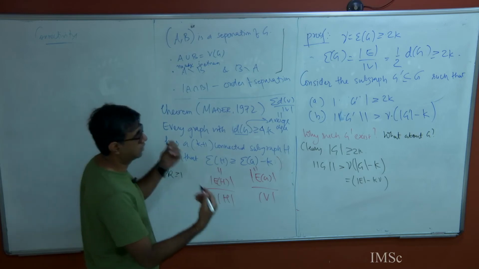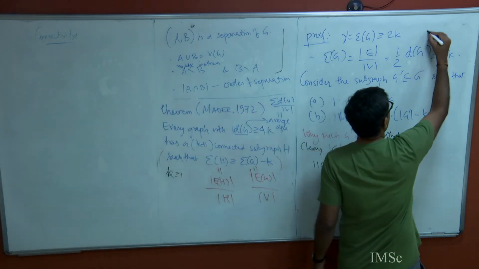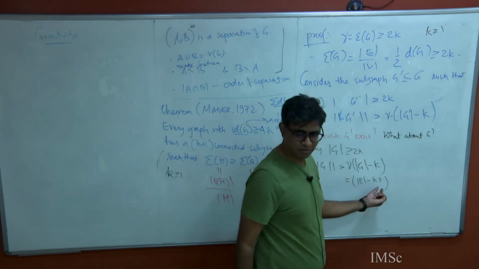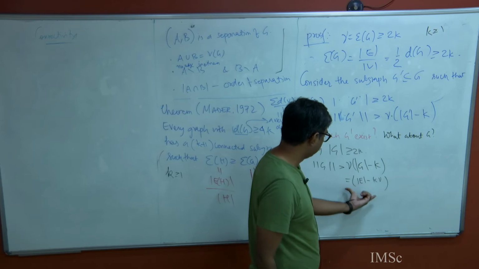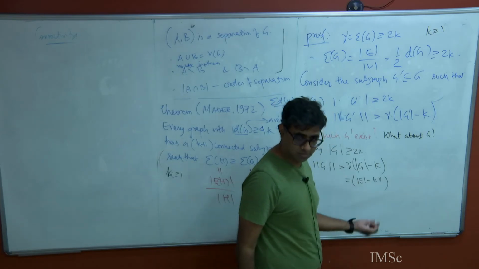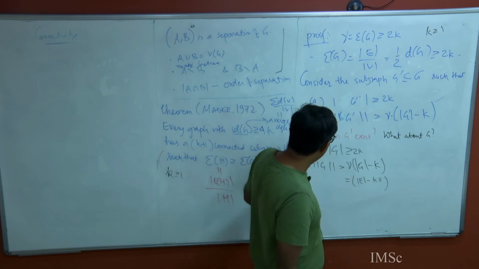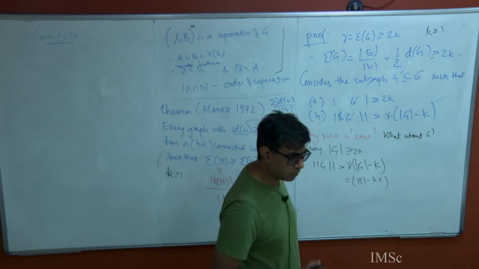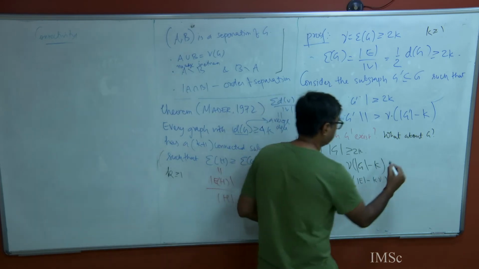Okay, so now we are in the good case. If k is greater than or equal to 1, you are subtracting something non-trivial, so the number of edges is strictly more than something small. So there is indeed a subgraph which satisfies this property. All well? Okay.